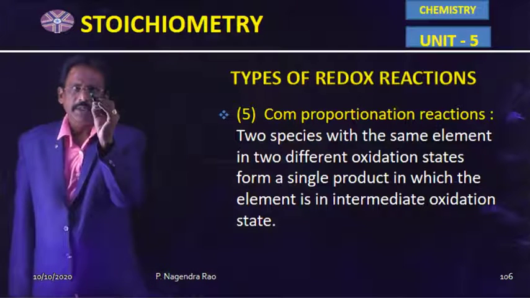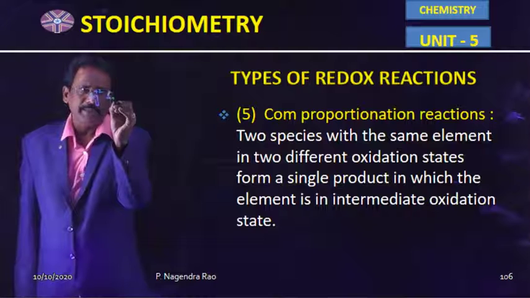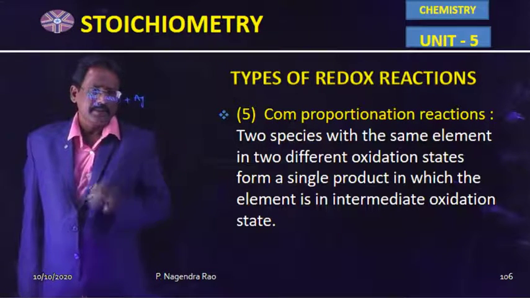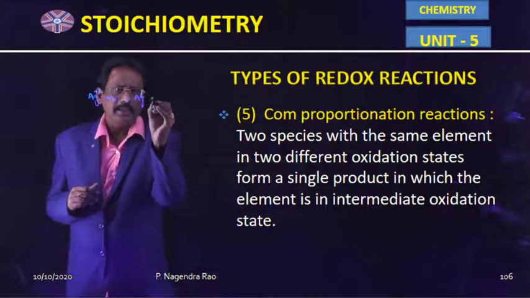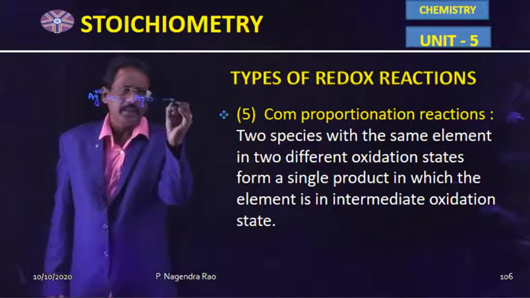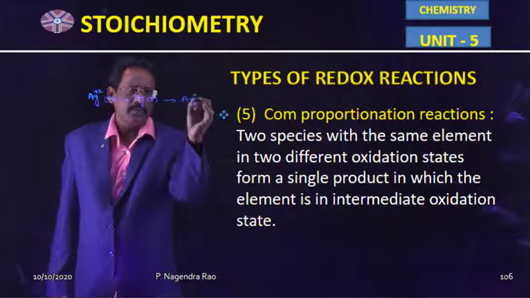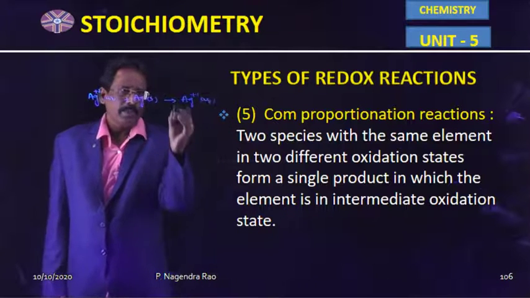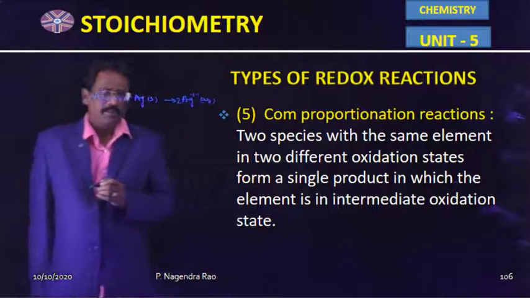For example, Ag2+ in aqueous medium combines with solid silver and is converted into Ag+ aqueous. This is the complete balanced reaction.